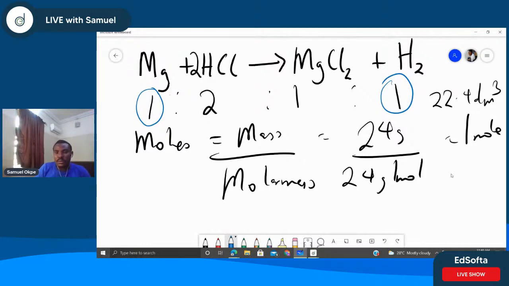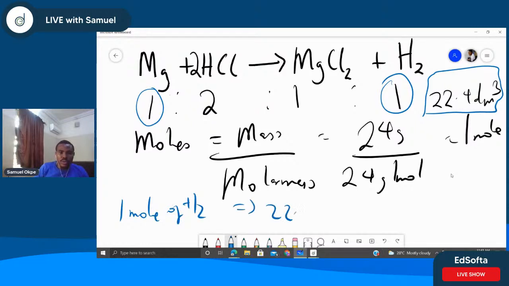This 1 mole we can now relate to the volume, because 1 mole of a gas is always 22.4 dm cube at STP. Don't forget, at STP. So 1 mole of H2 is equal to 22.4 dm cube of H2 at STP.